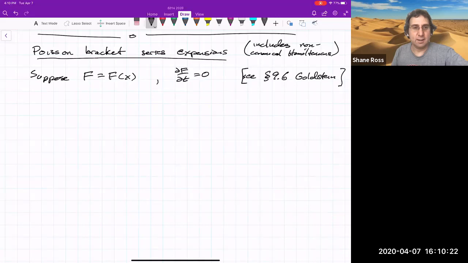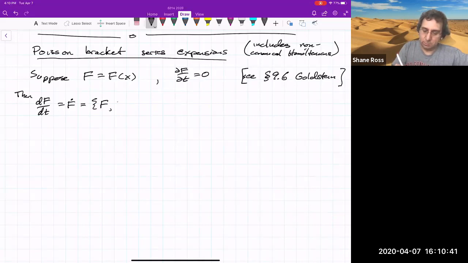All right, then we know that the way that f changes with time, f dot, the total derivative of f with time, is just the Poisson bracket of f with h. Okay.